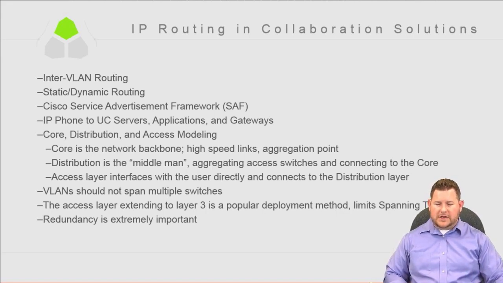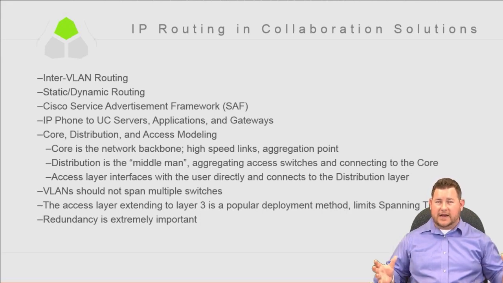The core, distribution, and access modeling. Obviously, it seems like pretty much every class you're going to take is going to have some variation of core, distribution, and access layer talked about. And if you haven't heard it before, you have the core layer of the network as your backbone, which is going to have these high-speed links that exist basically only to transmit this layer 3 traffic that's already had policies applied.